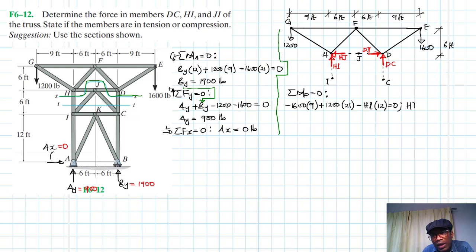Then HI is therefore going to be equal to, where is my calculator, minus 1600 by 9 plus 1200 by 21 divided by 12. So this gives us 900 pounds.